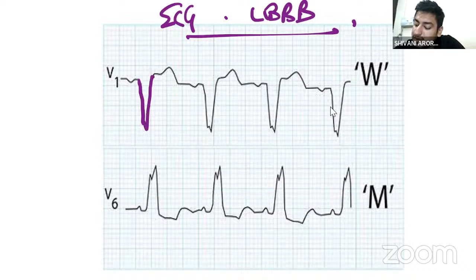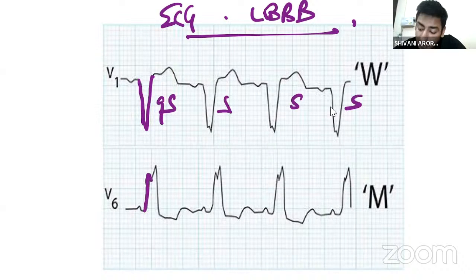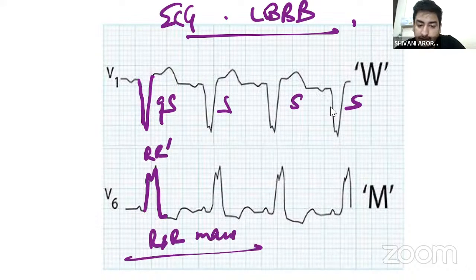Now in this lead V6, we have this R wave, small notching, and again an R wave. So this can be known as an RR dash wave or RSR. And in this we can also see slight ST elevation and a slightly tall T wave in lead V1, and ST depression with T wave inversions in lead V6.